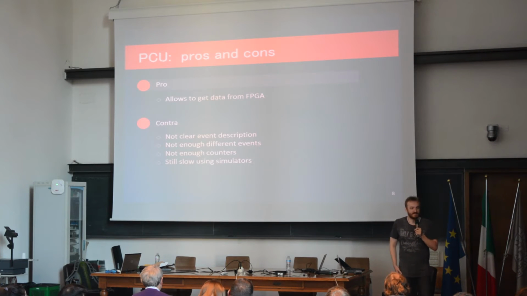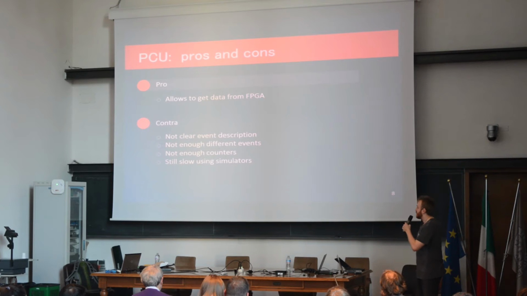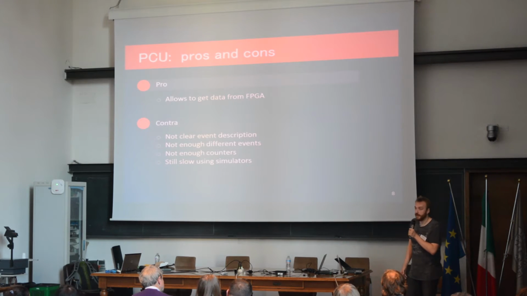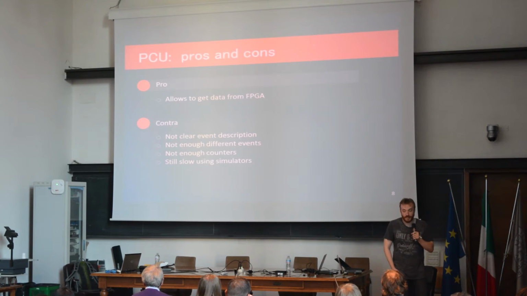So I have some assumptions. And 12 events, I think it's not enough, and 8 counters either. So it may be insufficient to profile a real program while running. And using the PCU in simulations is still slow.